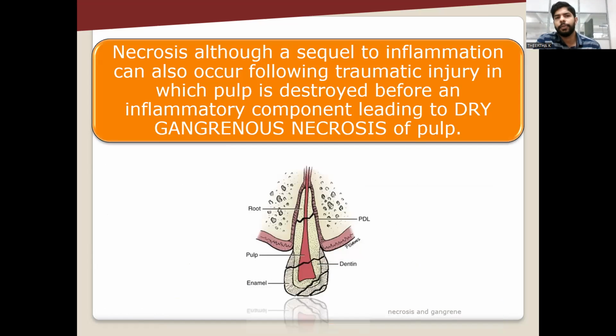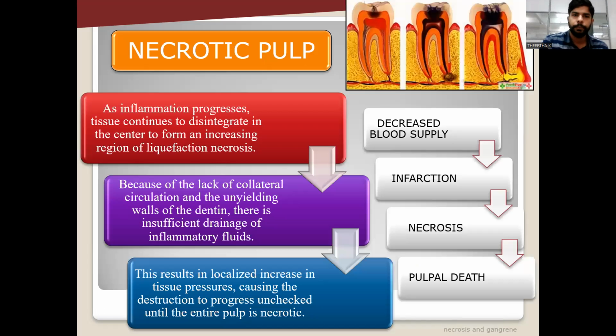Necrosis, although secondary to inflammation, can also occur following traumatic injury in which pulp is destroyed before an inflammatory component, leading to gangrenous necrosis of the pulp. As the inflammation progresses, the tissues continue to disintegrate in the center to form an increasing region of liquefaction necrosis.